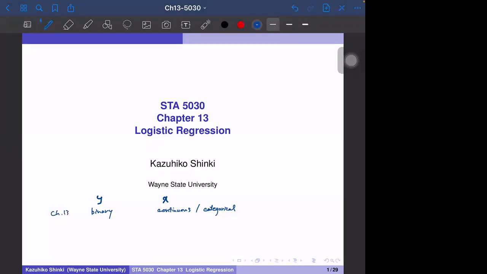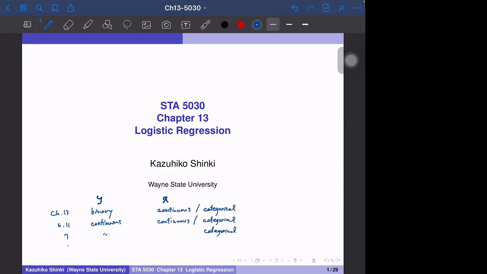In chapters 6 and 11, we thought about the case that y is continuous and x is continuous. If we think about the dummy variable, that is indicator variable, it can also deal with categorical data. And in chapter 7, y is continuous and x is strictly categorical.